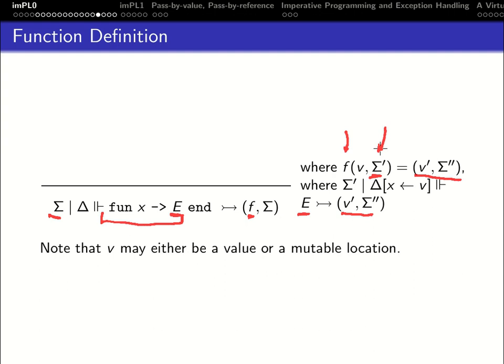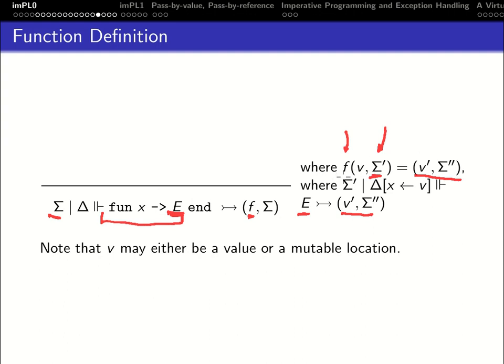And what is going to produce that functional value? It can no longer produce just the result. It has to give me back also the store that this guy changes, right?